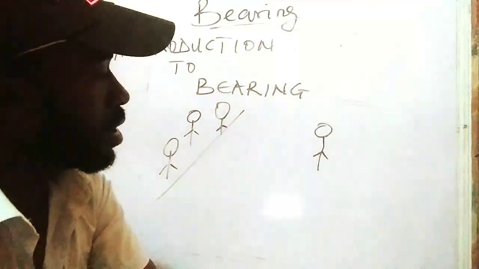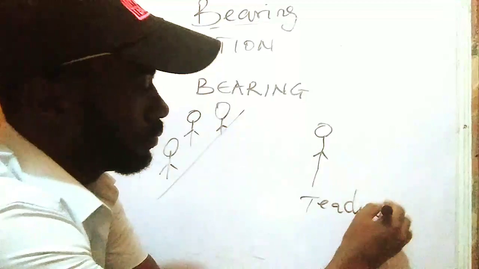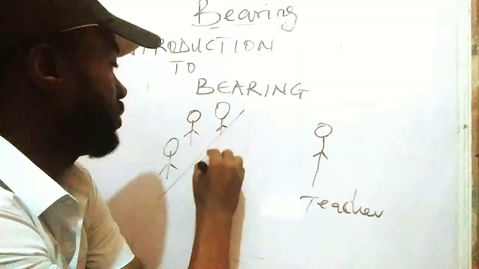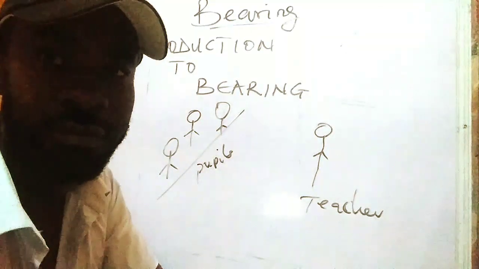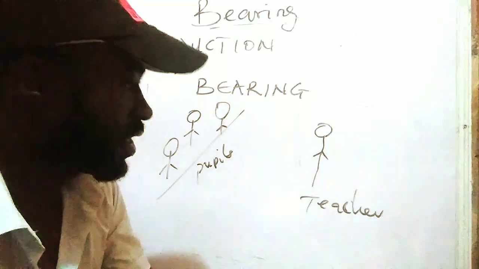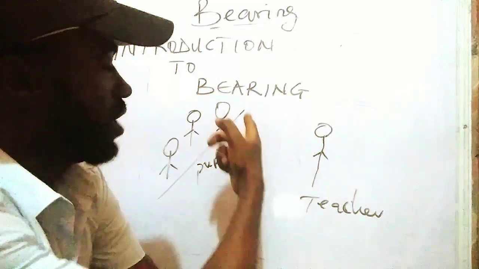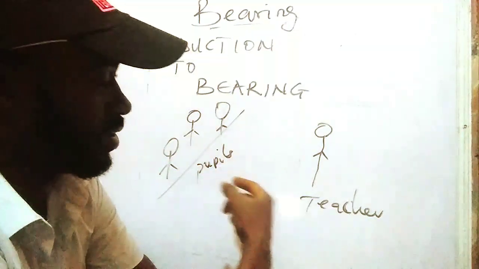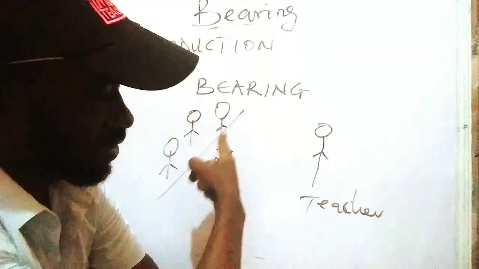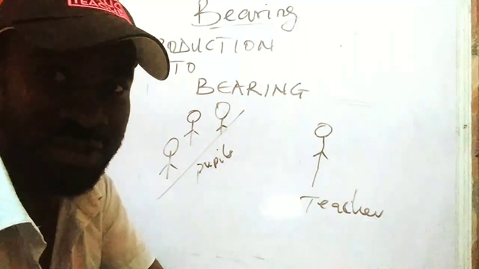Okay, now this is the teacher, and these are the pupils. Now, the teacher standing here and the pupils standing here. Now we can say that these three pupils are in front of the teacher.